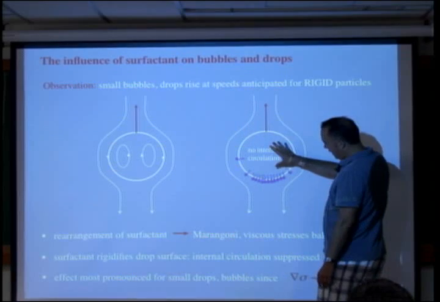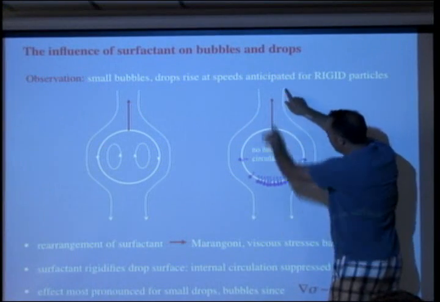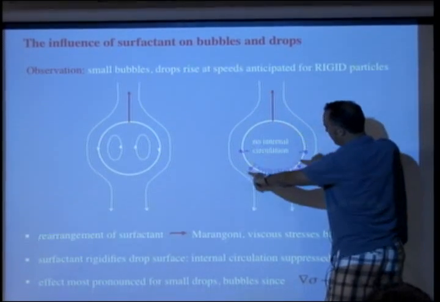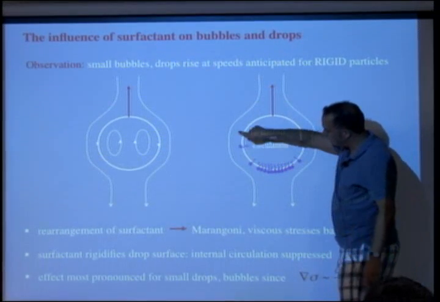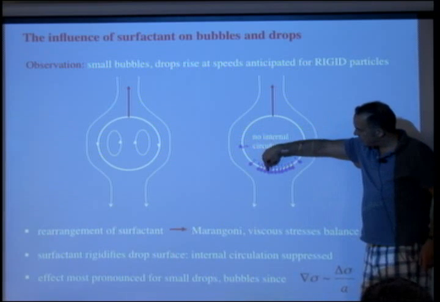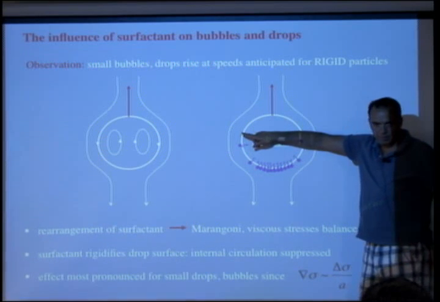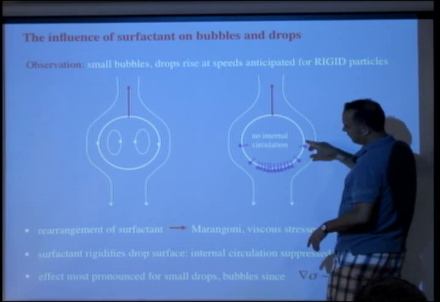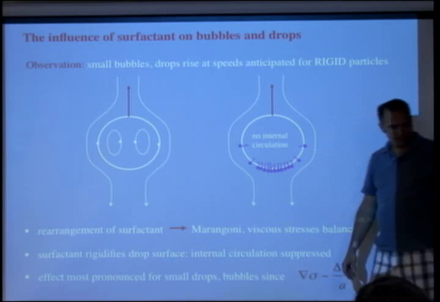As the bubble rises, the streamlines around it sweep the surfactants backwards, and so you get a gradient. This gradient in surfactant concentration gives rise to a surface stress, which rigidifies the surface. So you have a rigid cap on the bubble, and its rise speed is different.